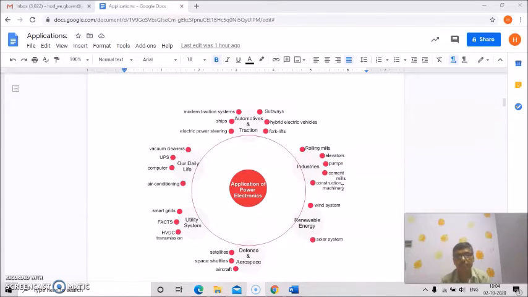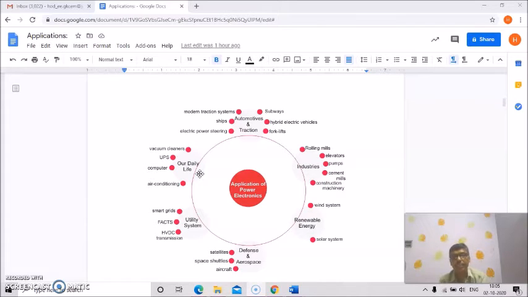It extends into automotive and traction, industries, renewable energy, defense and aerospace, utility systems, and also our daily life. So let me give you an overview of these applications in different fields, and we will take them one after another.